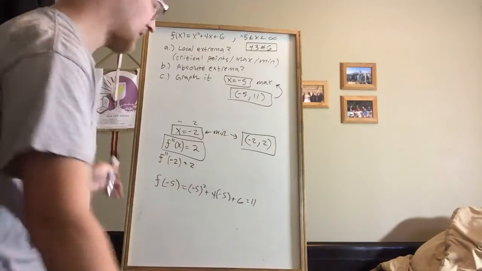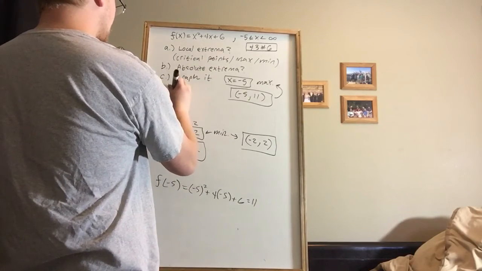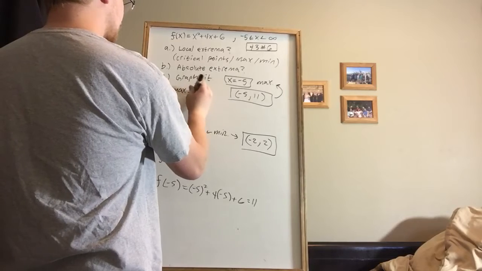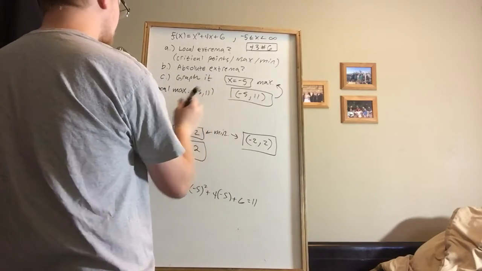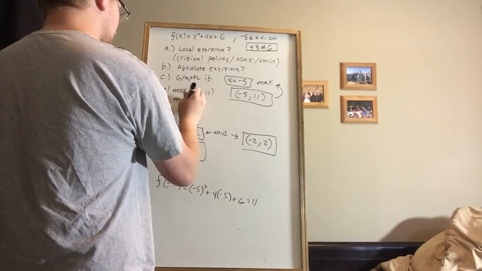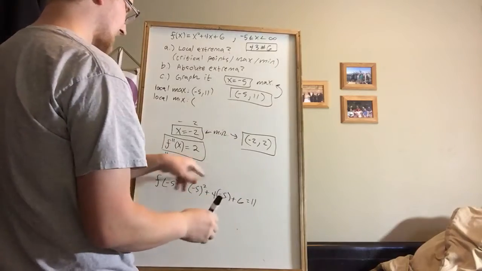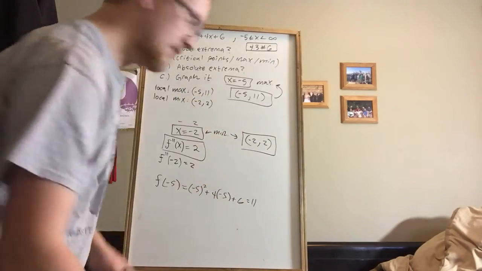Let me write this in a little cleaner way. What we solved here is that our local maximum is this ordered pair. It's minus 5, 11 on the original function. And that our local minimum is negative 2 in the x and 2 in the y.